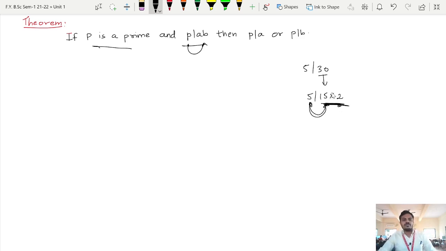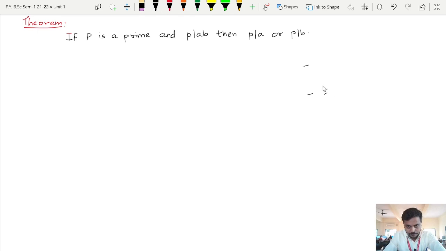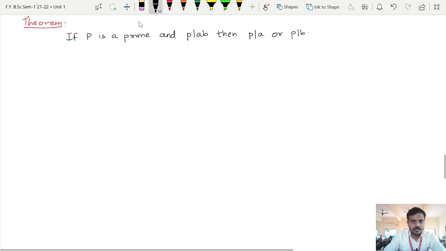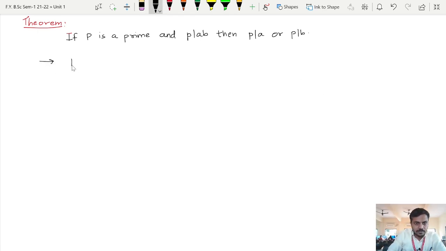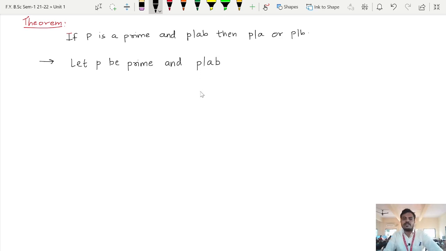Now let us prove this result. First of all, we will write down the given things. So I will say, let P be prime and P divides AB. Now what is the meaning of P divides AB?